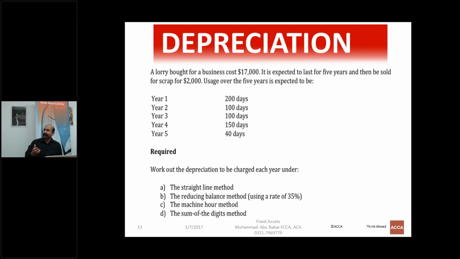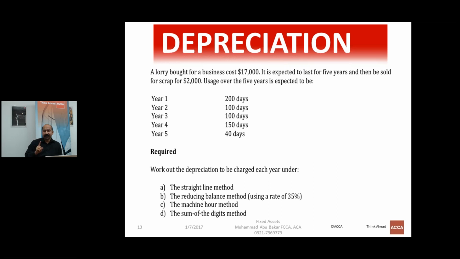These are the machine hours of the lorry. The production unit of a lorry is days of operation. So 590 days are the total days this lorry will operate.